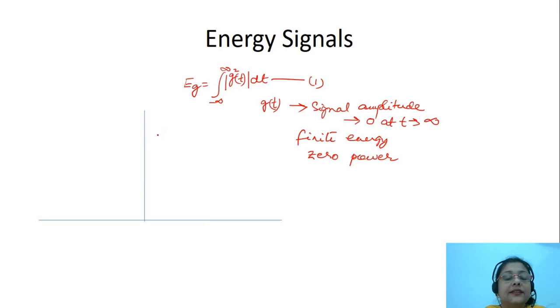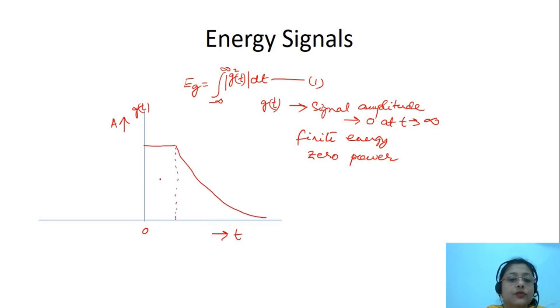Let's take an example. Let's say we are plotting t and the amplitude along this axis, and let's say this is g(t). It is of the form like this. Let's say this is of value 1 here and this is 2.